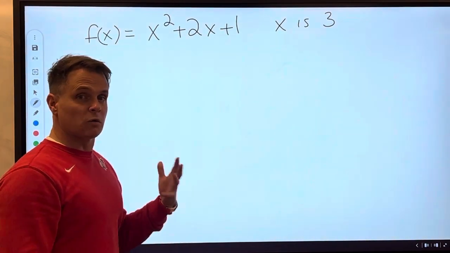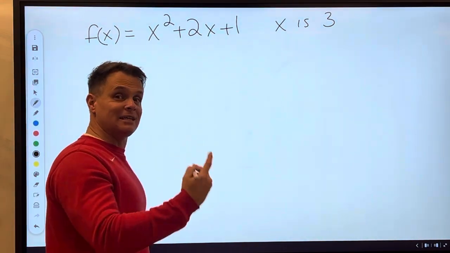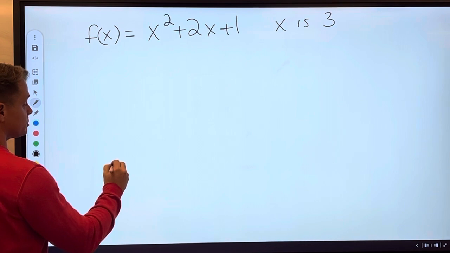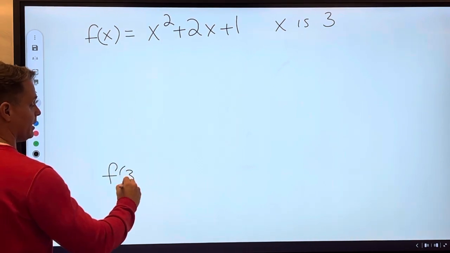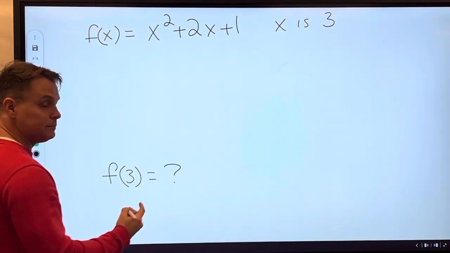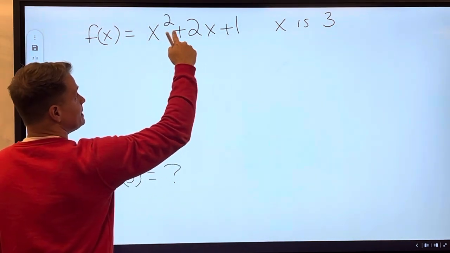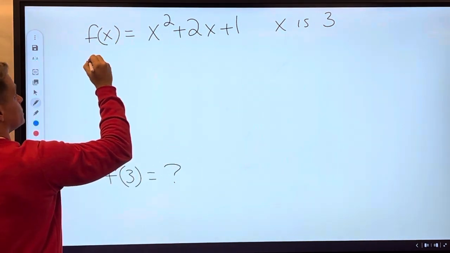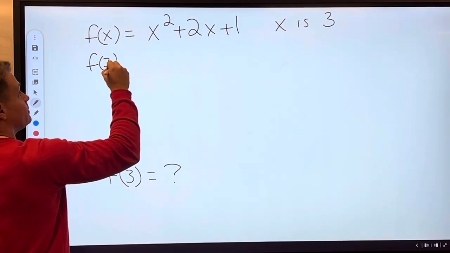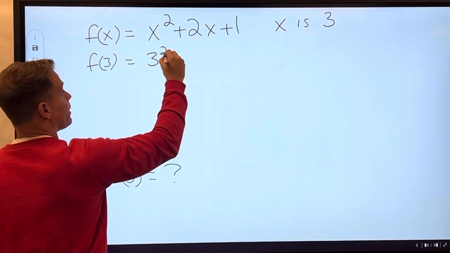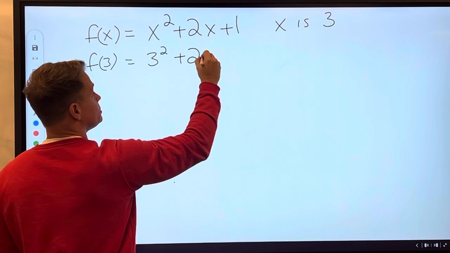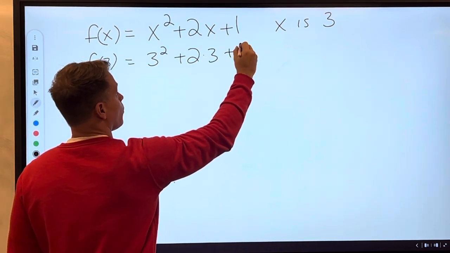So what we're doing is we're looking for what f of 3 is equal to. So our answer is going to look like this. F of 3 equals what? So I'm going to put a 3 in wherever I see an x value. So I have f of 3 equals 3 squared plus 2 times 3 plus 1.